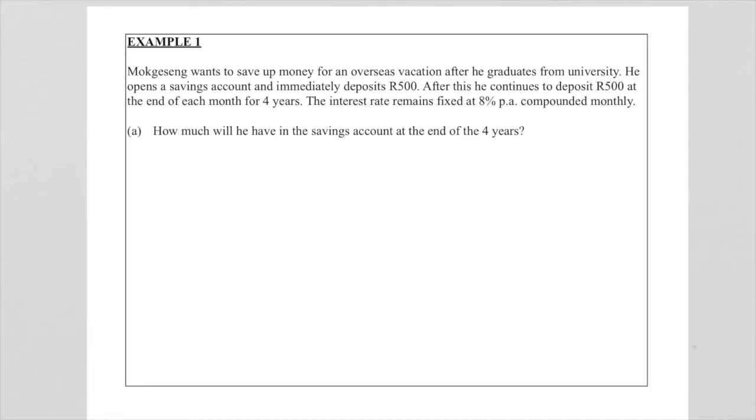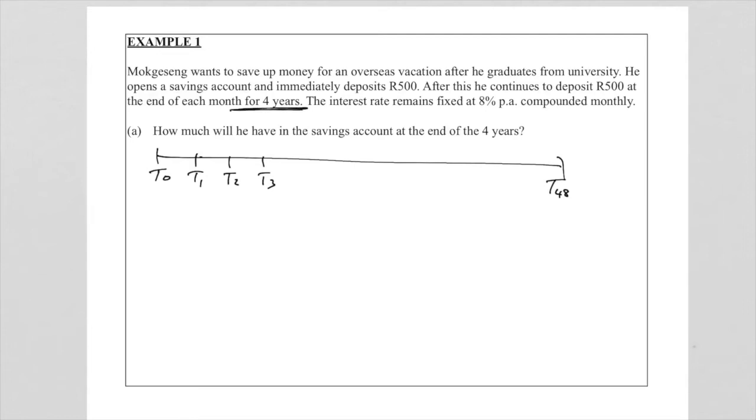So I think it is important that to start this question, we first draw a timeline to see what is happening here. So this is our T0, this is T1, T2, and that is enough, and we go up to T48. I hope you agree with my 48 because it was 4 years, and of course, 4 times 12 gives us the 48.